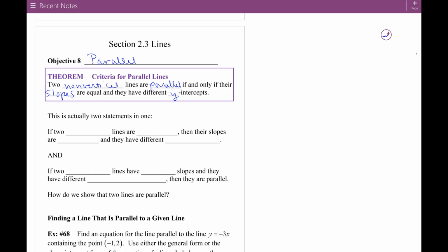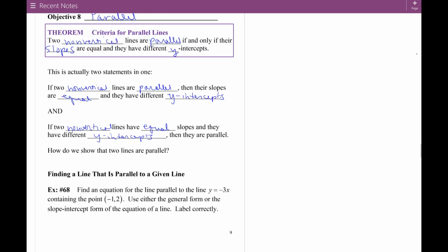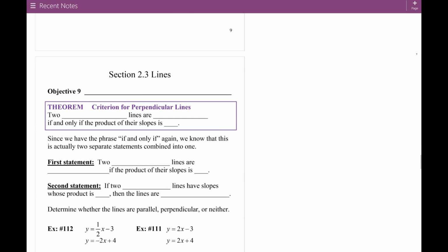It says if two non-vertical lines are parallel, then their slopes are equal and they have different y-intercepts. Then it also says, if two non-vertical lines have equal slopes and they have different y-intercepts, then they're parallel. And let's talk about how we find out if two lines are parallel in class together.